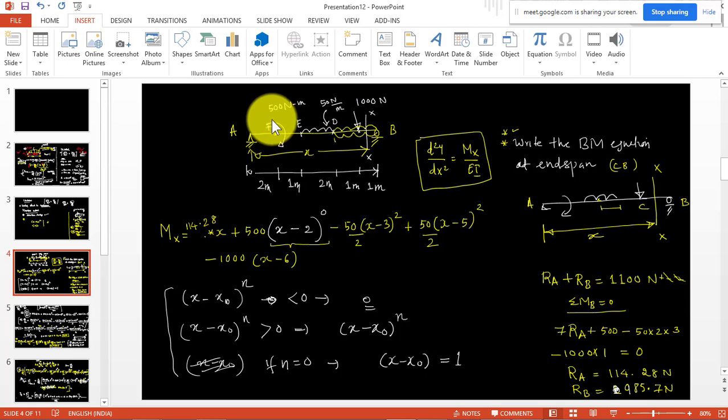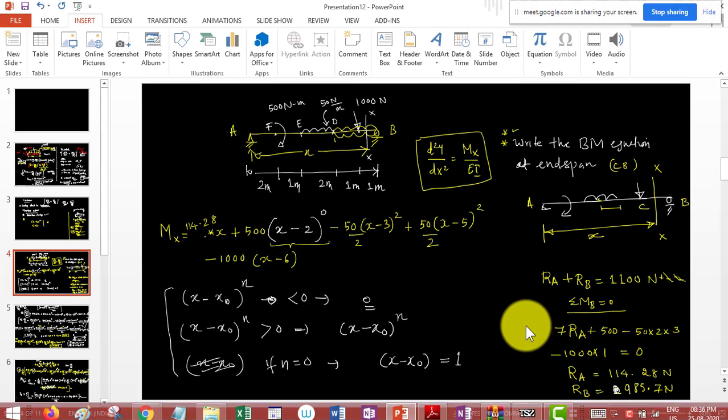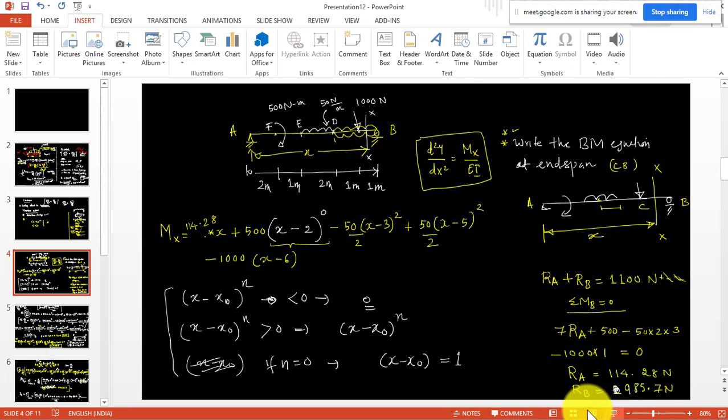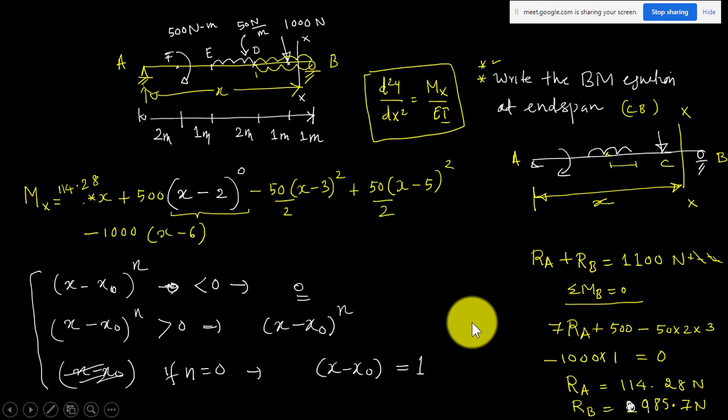But if you're trying to find the deflection at this point, the moment due to this loading term will come as a negative term. The negative physical meaning is your load is not present within that section. That is why that quantity is coming negative. That is the physical meaning of negative.